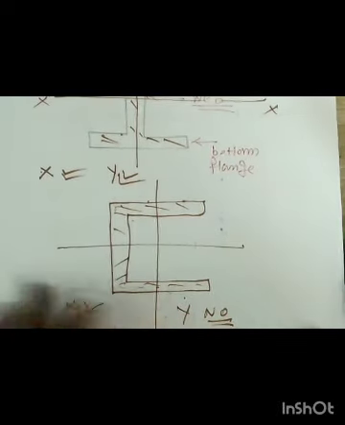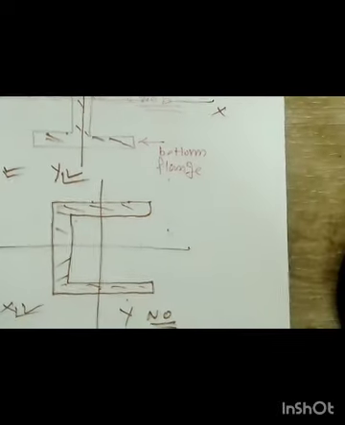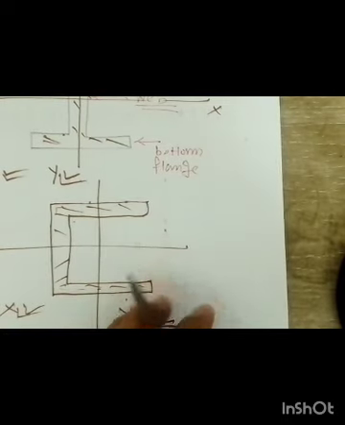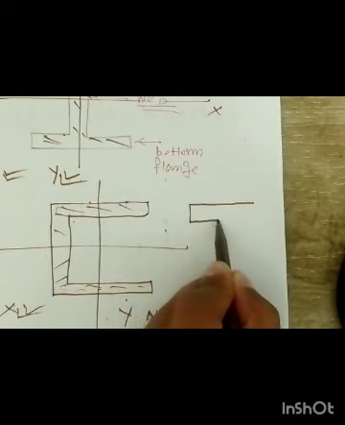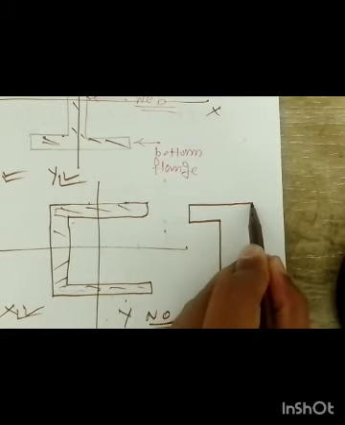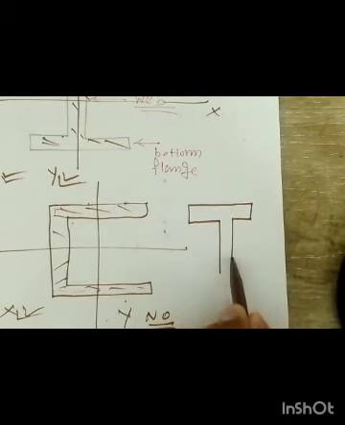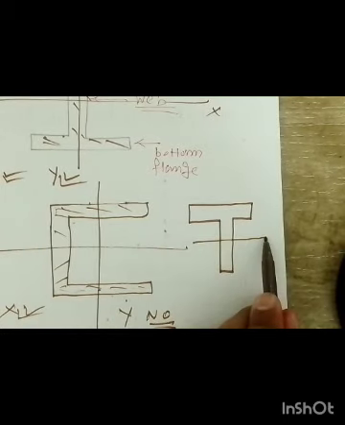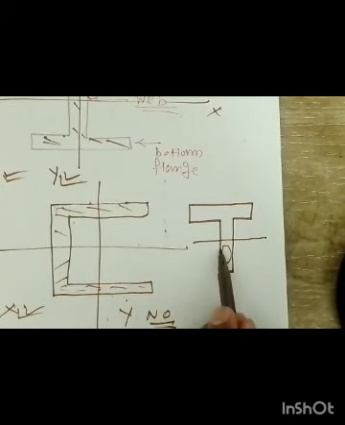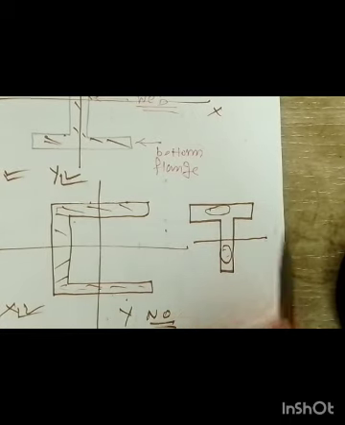One more example you can take here itself. Let's say this is your T section. This is the top flange and this is the web. If I cut about the x-axis, you can see the bottom has some dimensions and the top has something else.